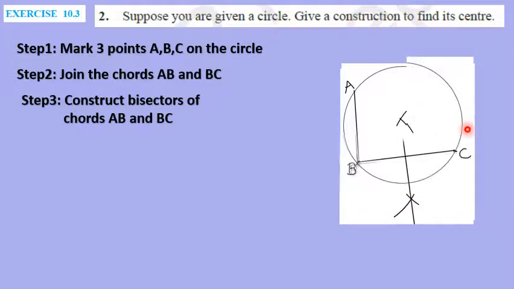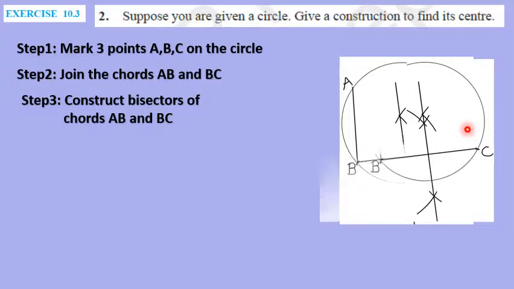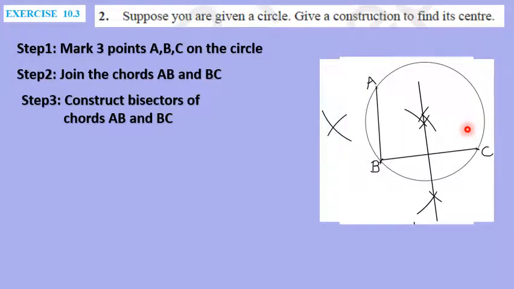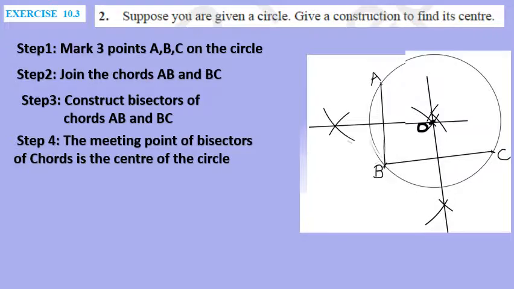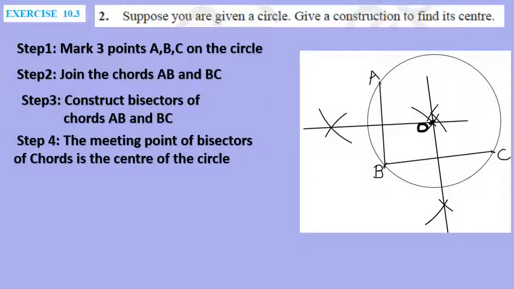Join them. Now similarly you need to construct the bisector of AB also. So the perpendicular bisectors of the two chords will meet at a point here. That meeting point is the center of the circle.